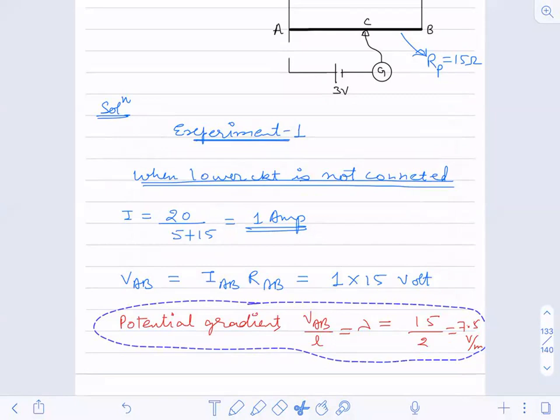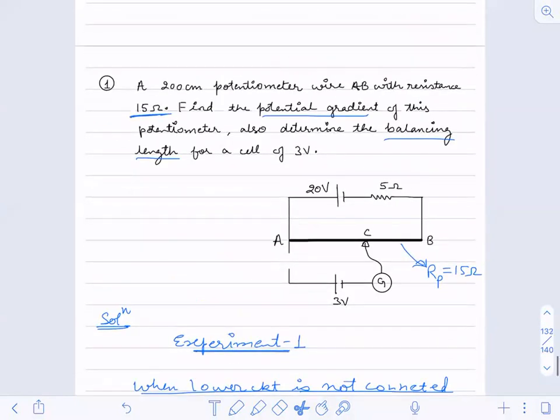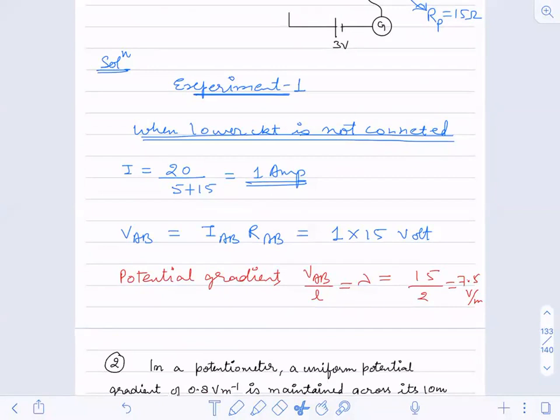Now they are asking us to determine the balancing length also. Here itself I am solving for the balancing length. So 3 will be equal to lambda into L1.